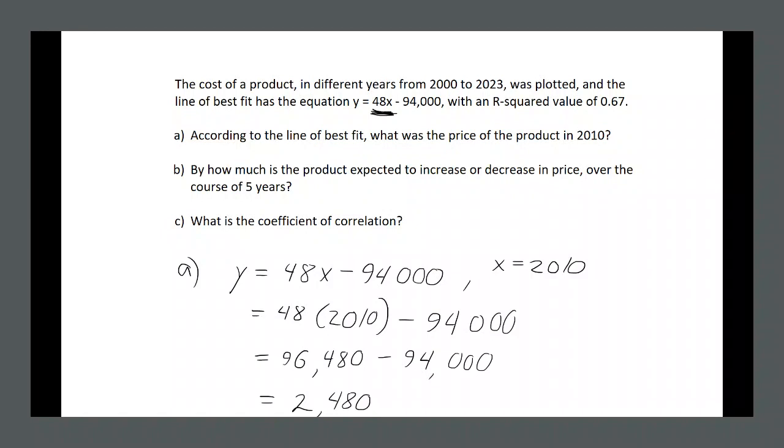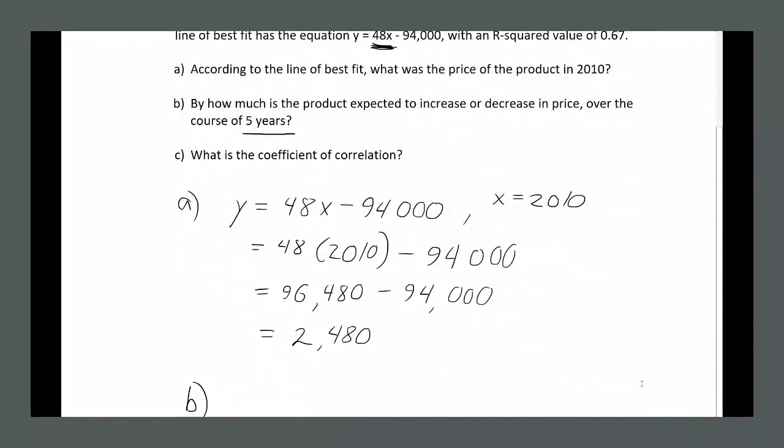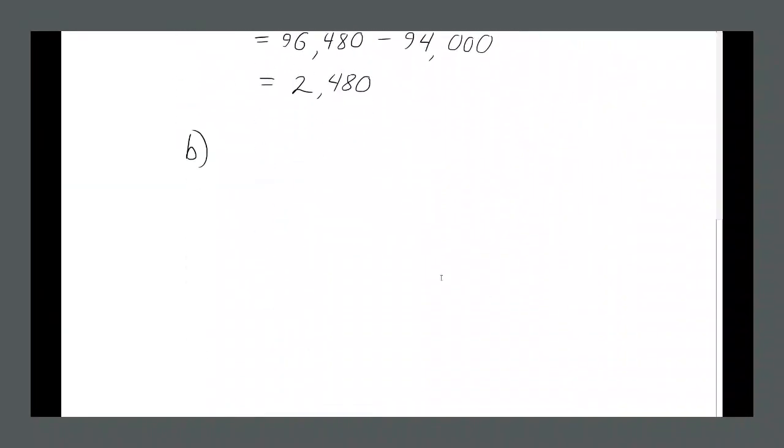So if x goes up by 1, y is going to go up by 48 because it's a positive 48. If x goes up by 5, as it says here, 5 years, well then y is also going to increase by 5 times 48. And that's our answer. So 5 times 48, 48 being our slope, gives us 240.